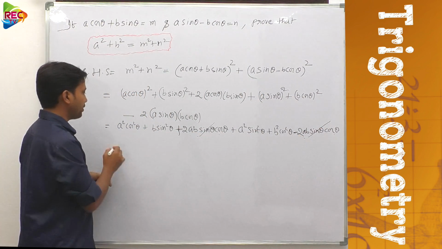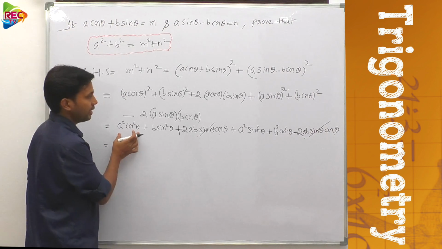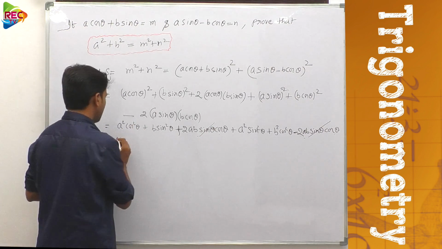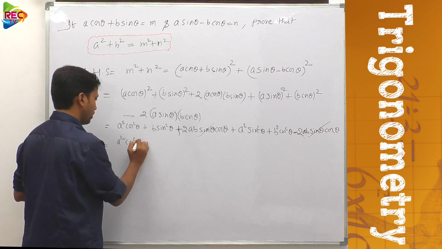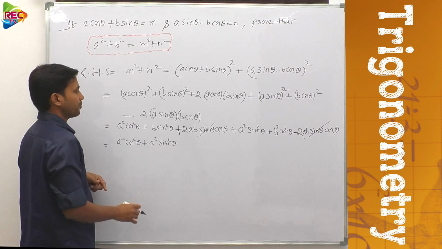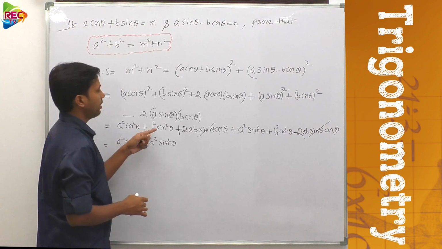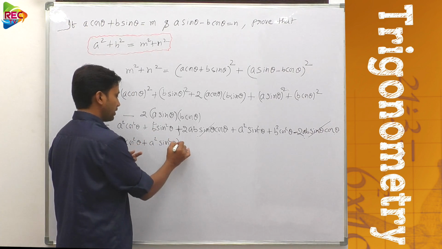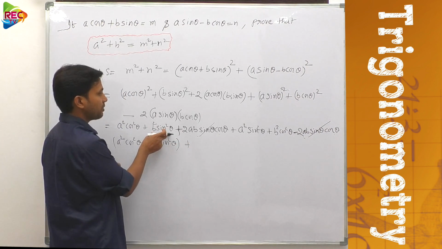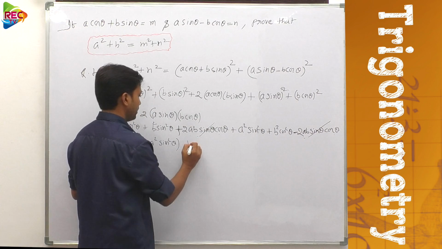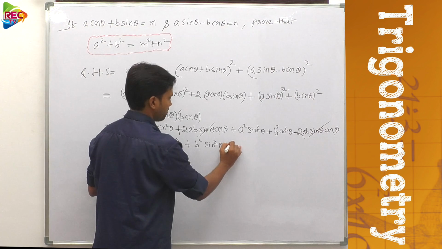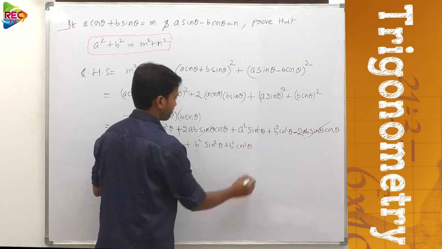Now what is still left over? Here a square cos square theta and here a square sin square theta. Group them together: a square cos square theta plus a square sin square theta. Plus here b square sin square theta and here b square cos square theta: b square sin square theta plus b square cos square theta.